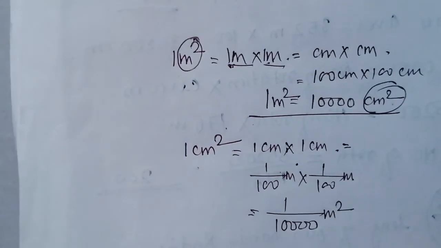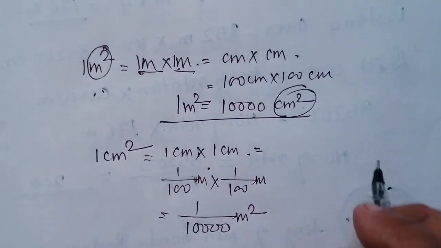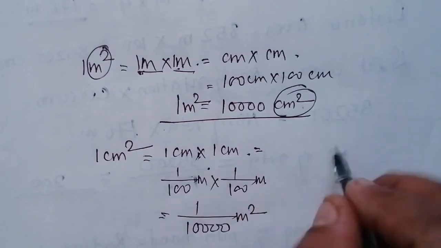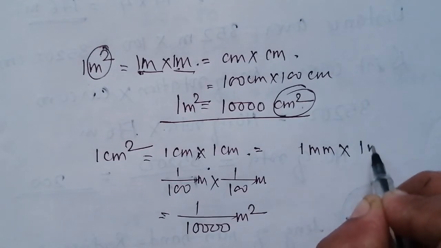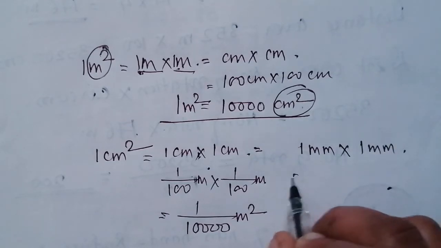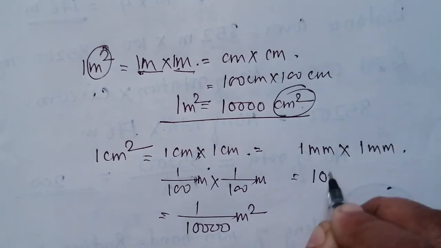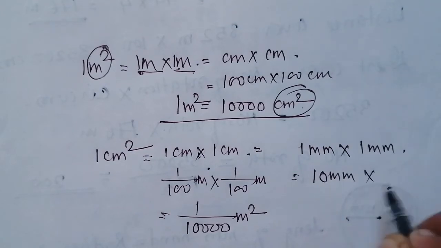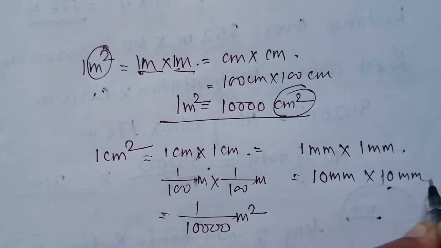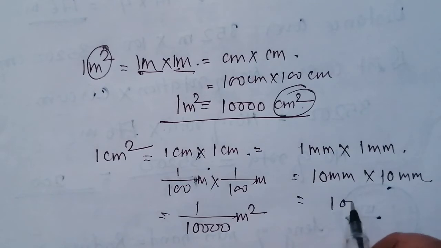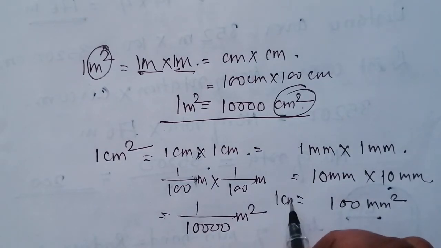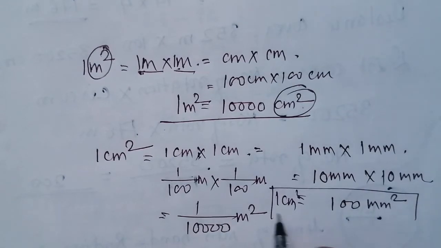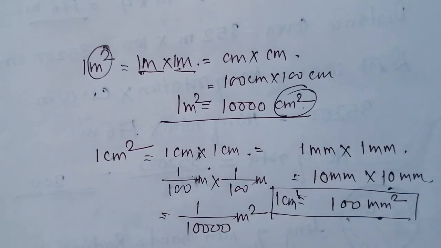And if you have to convert it into millimeter, this will be 1 millimeter multiplied by 1 millimeter. 1 centimeter is equal to 10 millimeter. So 10 millimeter multiplied by 10 millimeter is equal to 100 millimeter square, means 1 centimeter square is equal to 100 millimeter square.